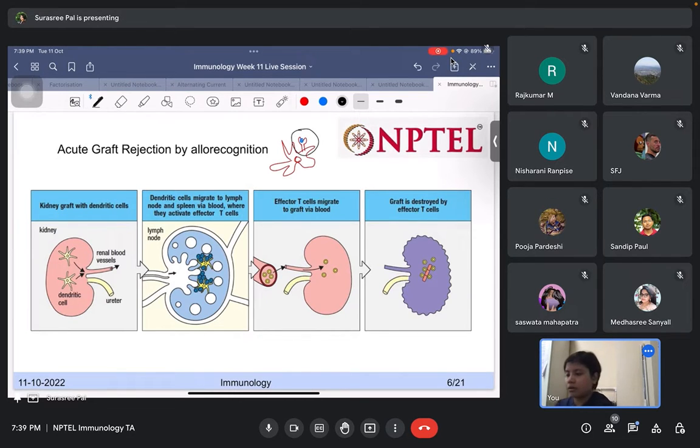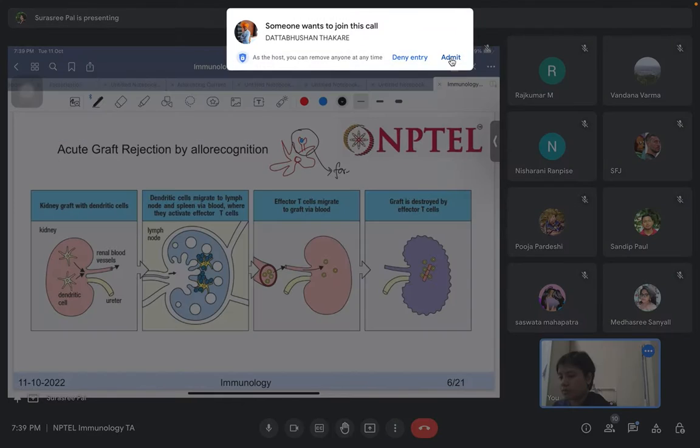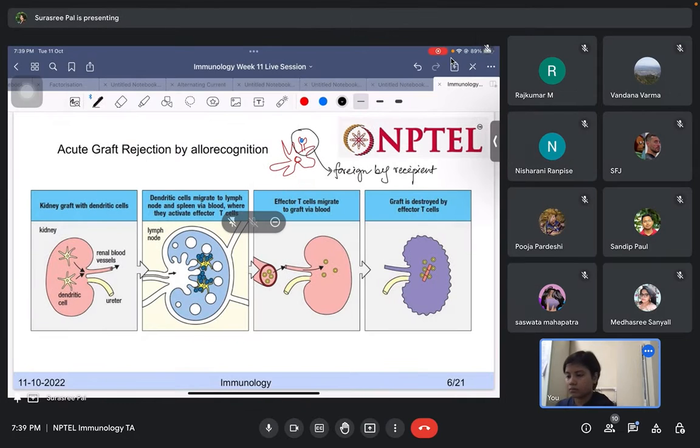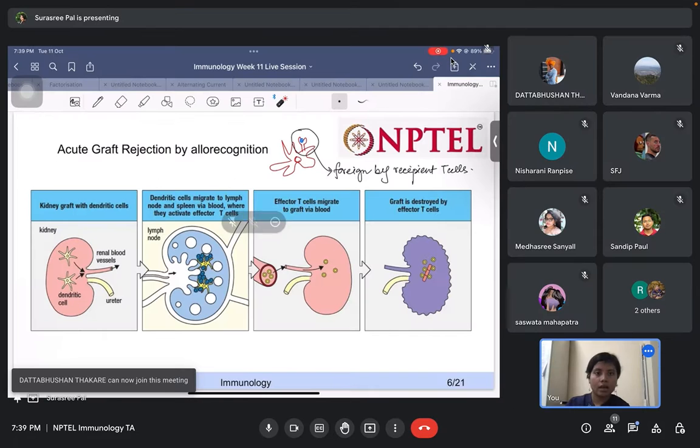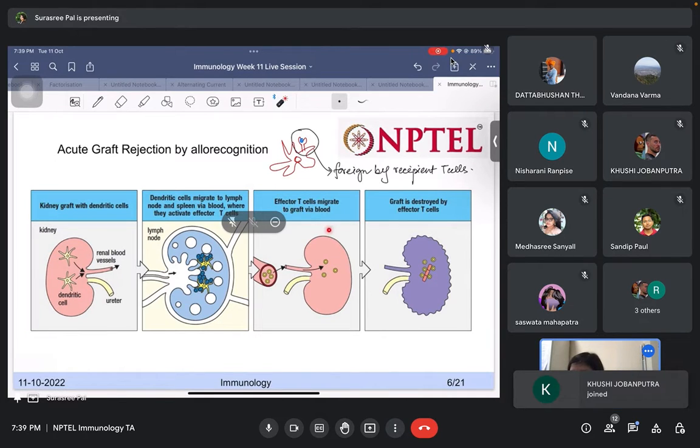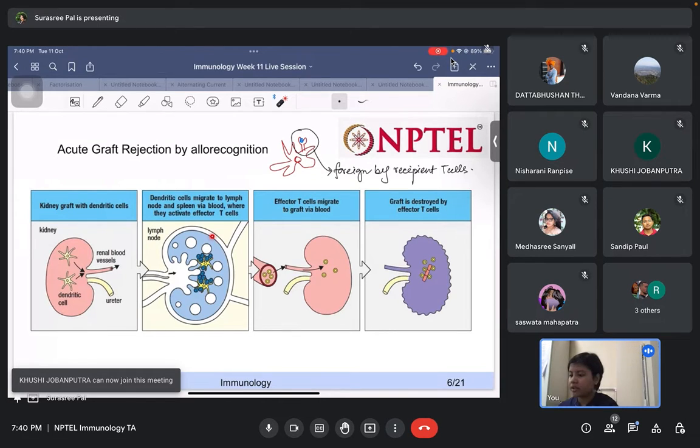So this is recognized as foreign by recipient T cells, and then these T cells mature, they are activated, they are differentiated, and now these effector T cells migrate to the graft, because these dendritic cells are present in the graft, and then the graft is destroyed by the action of these effector T cells.